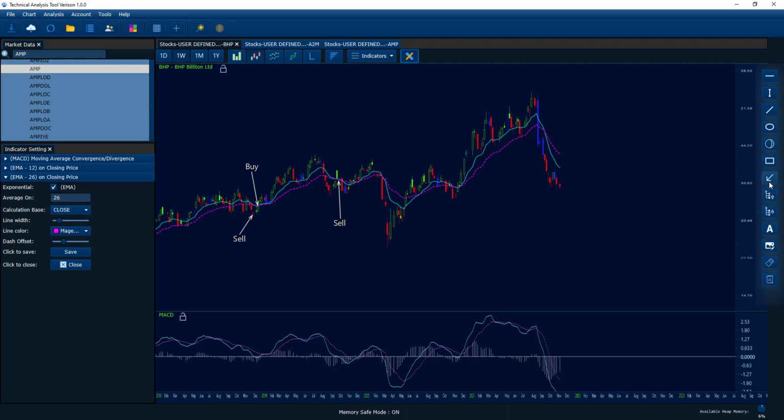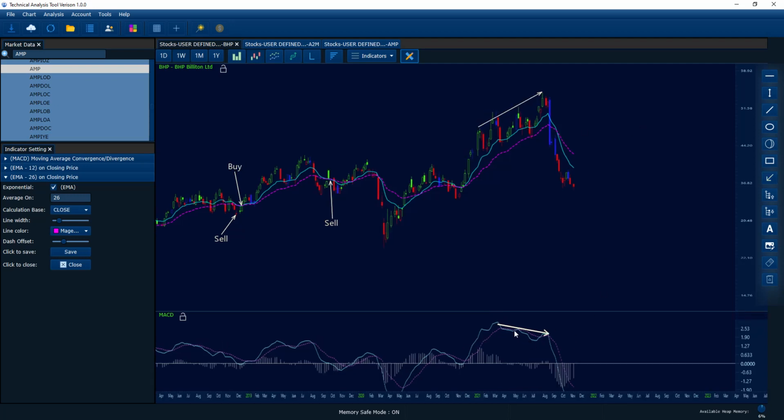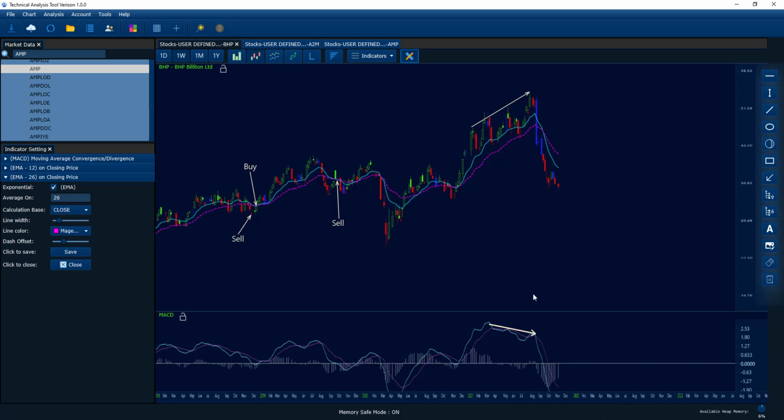The first is where we read the MACD line itself. As you can see here, the price is moving higher in this period of time, but the MACD line actually creates a lower low. So this type of divergence is the MACD line and price divergence. Another thing is if you see the histogram shrinking.